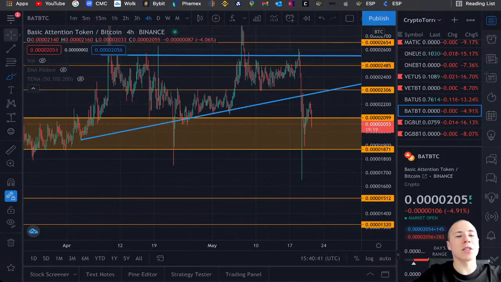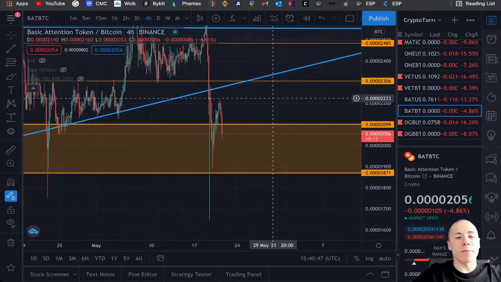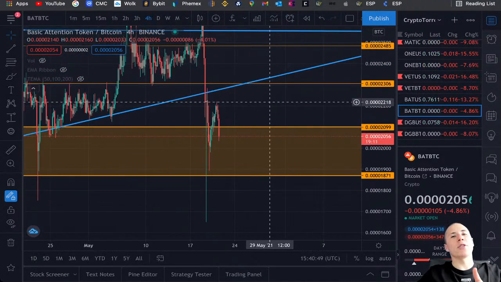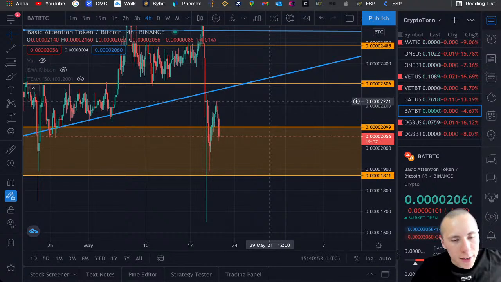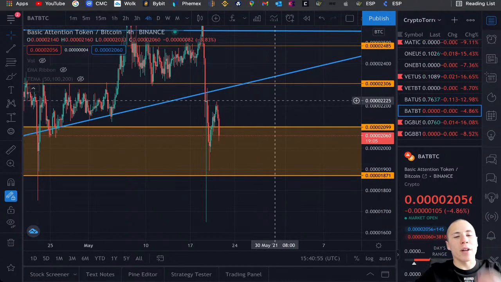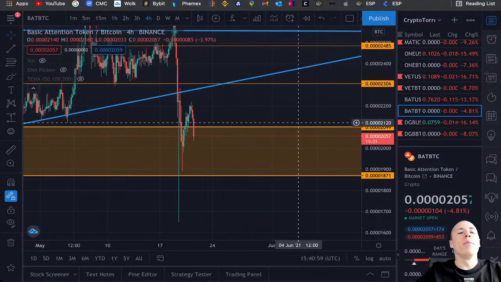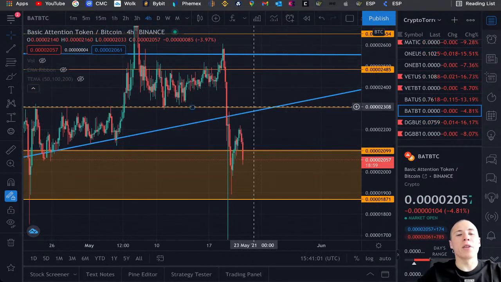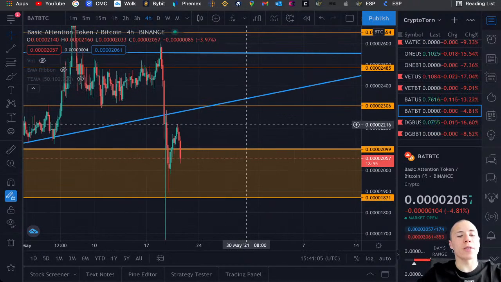And I think that would be really great to see, because after that recovery, not just on basic attention token, but also on Ethereum and all other altcoins that we're seeing currently, it would mean that a trend reversal really started, and a possible movement towards the upside would be created. And I'm just waiting for it to happen.